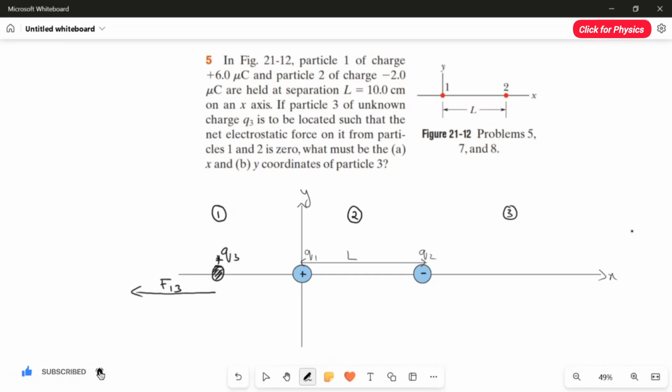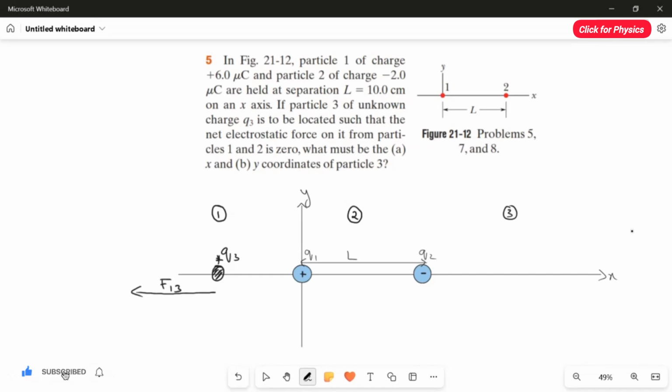Likewise, we have to find the interaction of the second charge on the third charge. Your second charge is negative and your third charge is positive. What will happen? A force of attraction will be there, because we know unlike charges attract each other and like charges repel each other, right? But the most important thing is the distance between Q3 and Q2, it's very large.